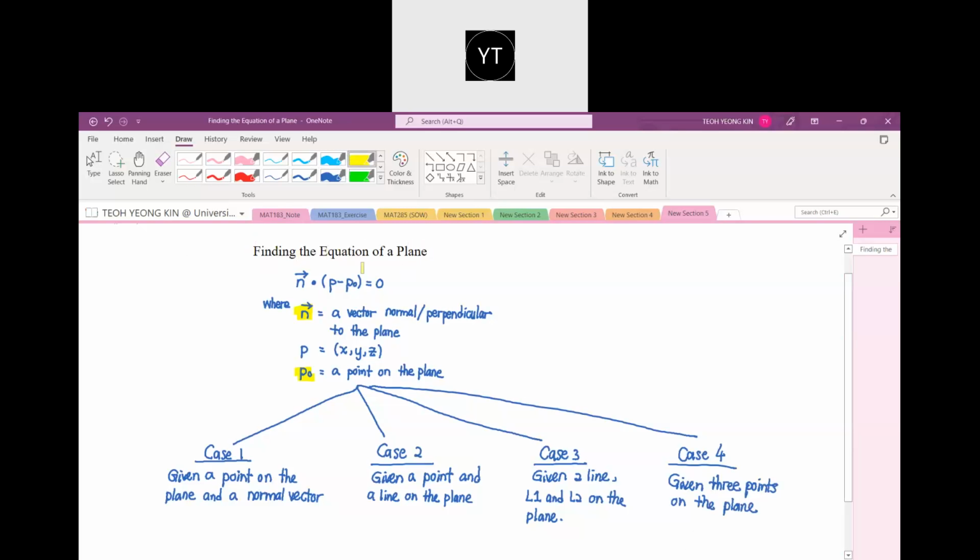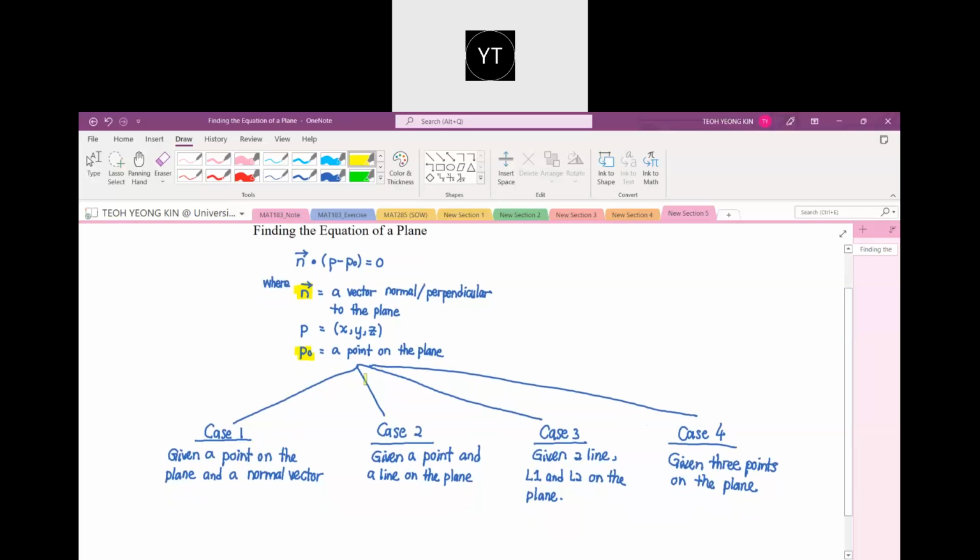So here is the formula. The n vector, the vector normal or perpendicular to the plane, dot product with the bracket p minus p naught, where p is the variables x, y, and z, and p naught is the point on the plane.